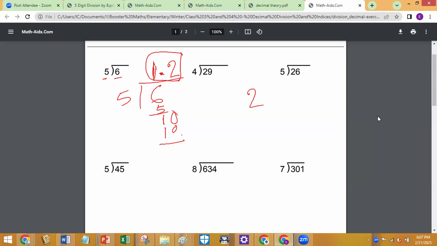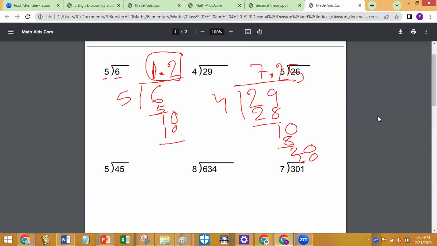Let's say if you had 29 and you were doing the same thing. So 4 times 7 is 28. You get 1, but 1 is less than 4, so you put a decimal and multiply by 10. 4 times 5 is 20, and it goes into it 5 times, so you get 20.